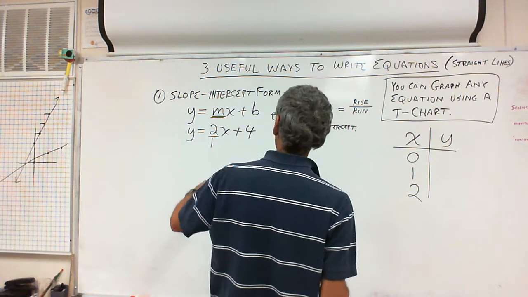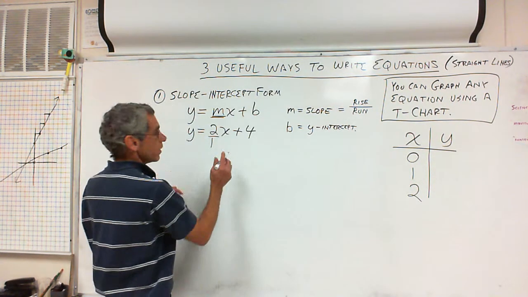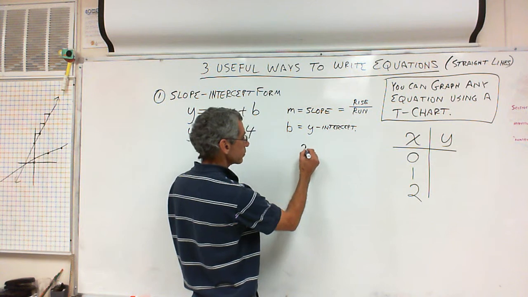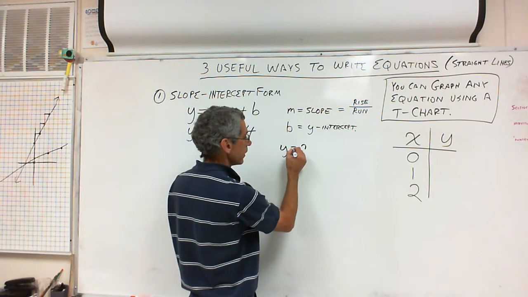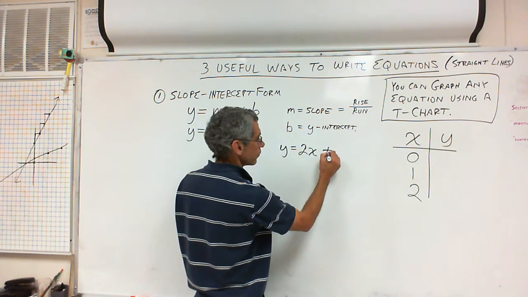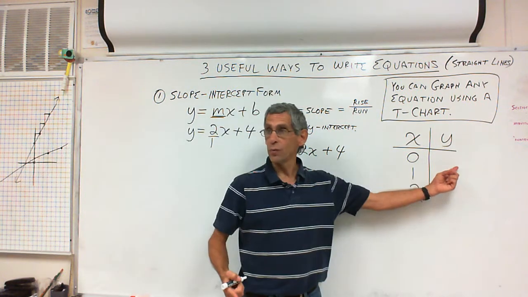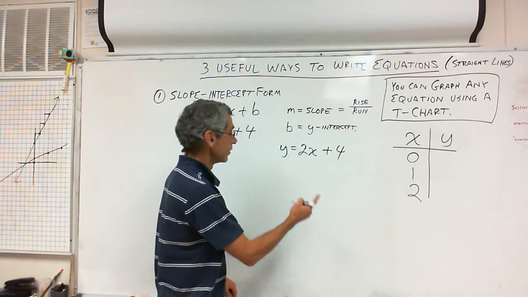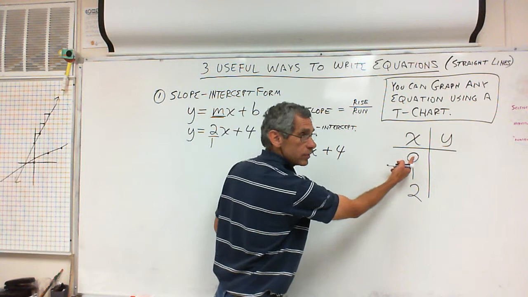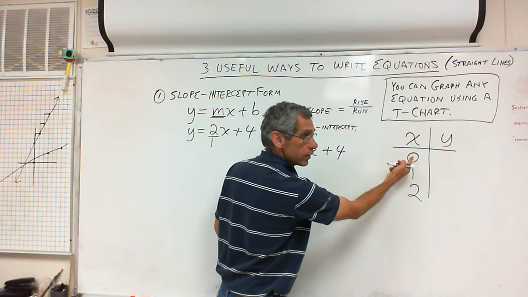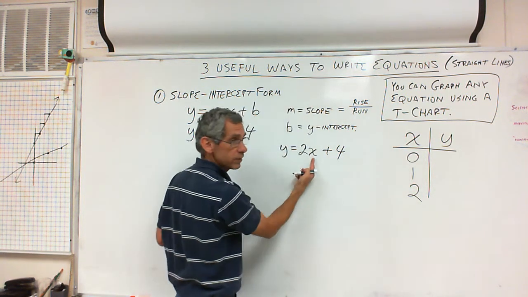So let's say we're going to use this equation: y equals 2x plus 4. I want to know what y equals when x equals 0. So instead of x, I'm going to substitute a 0 in place of the x in my equation.